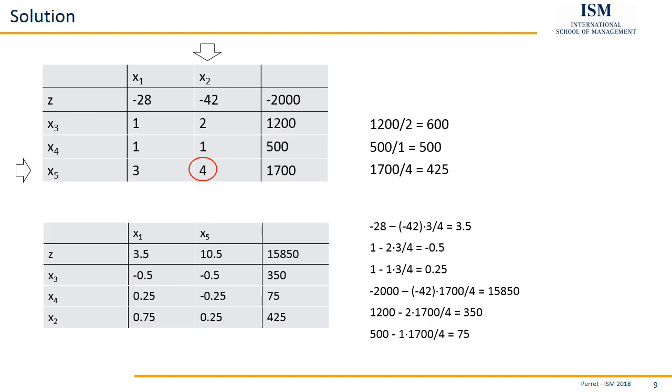Because this is actually our objective function value if this solution is realized. So if we only go for producing premium versions, and we produce 425 premium versions, we would get our profit as 15,850 euros. So that's the maximum we can achieve, the maximum profits which are possible.